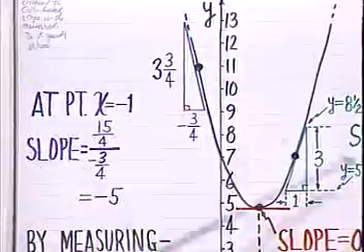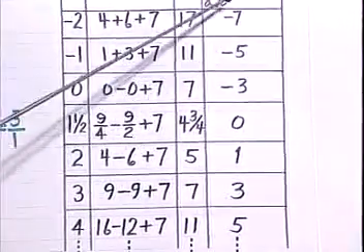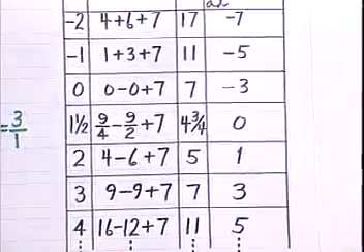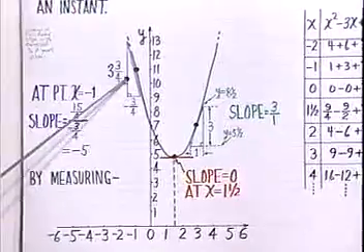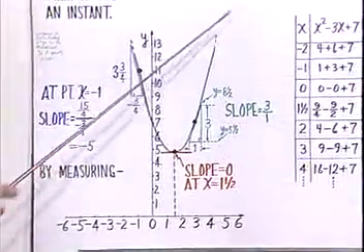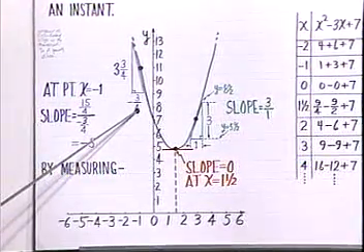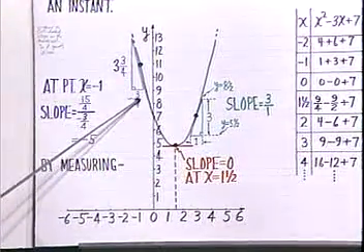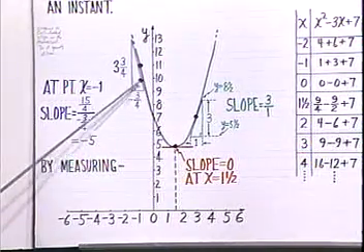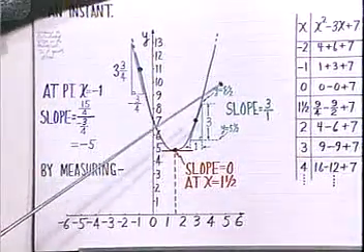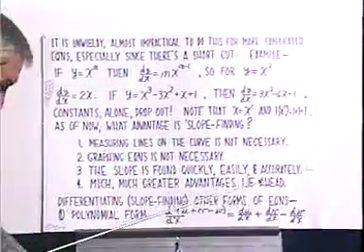And at point x equals -1, the slope is -5, according to the formula. So anywhere that you care to measure along this curve, you'll find that this formula precisely tells what the slope is, exact to any kind of exactitude that you are looking at. You can do this at home, a similar type of thing.